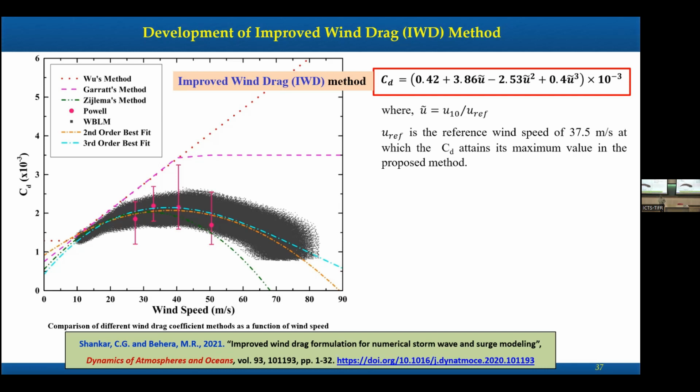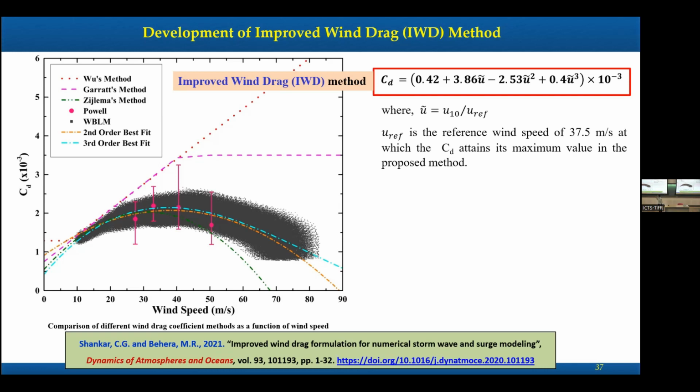Why was this done? Initially people thought the drag coefficient would keep increasing with wind speed, but that was not correct. Slowly people realized that it will not increase infinitely. There has to be a cutoff at some point, so they introduced a cutoff.